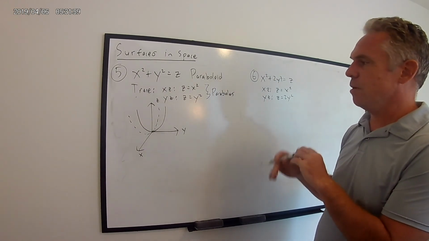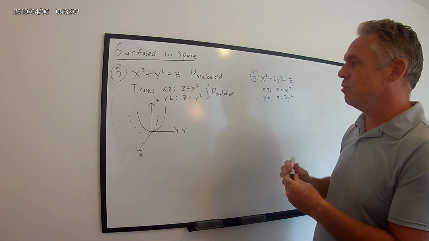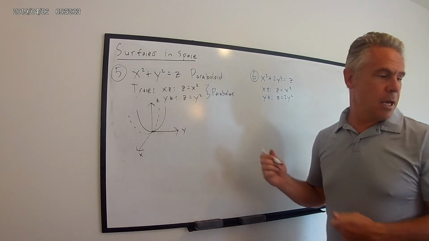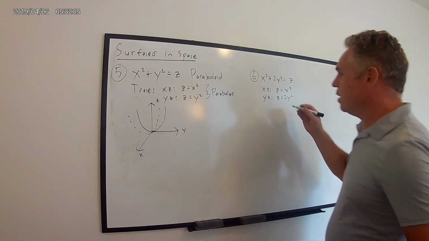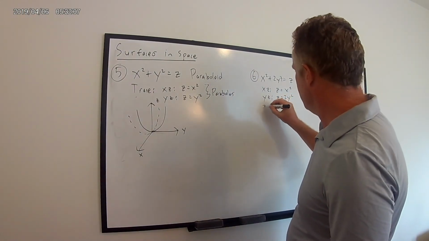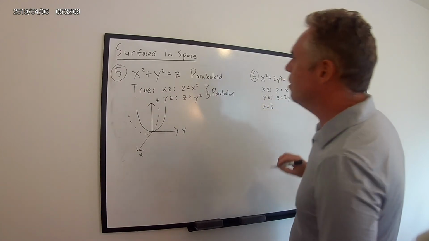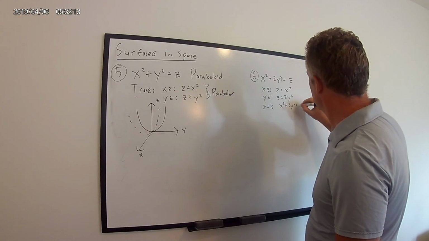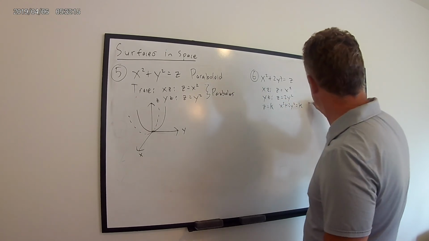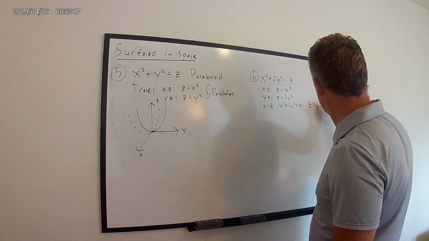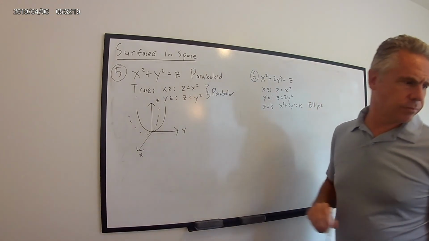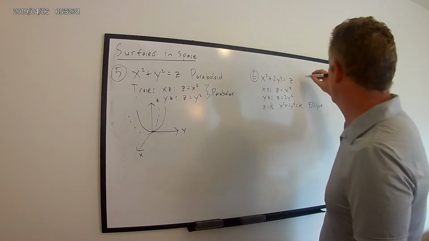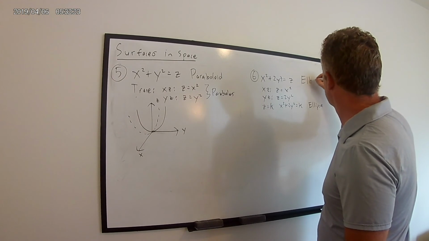So there's going to be some sort of asymmetry in the way this looks. And if we do a trace in the plane z equals k, we get x squared plus 2y squared equals k. Well, this is an ellipse. And so this shape is called an elliptic paraboloid.